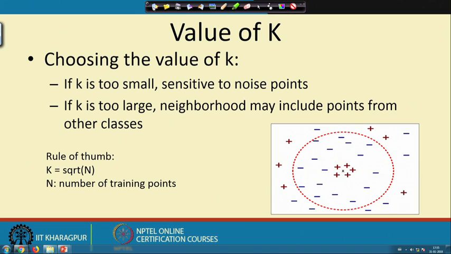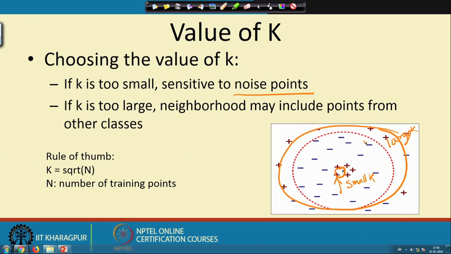Actually, let me do it this way. Noise, if it is a large k, it is too global.